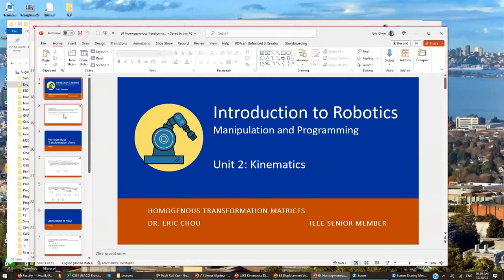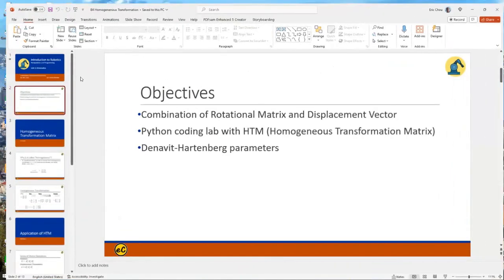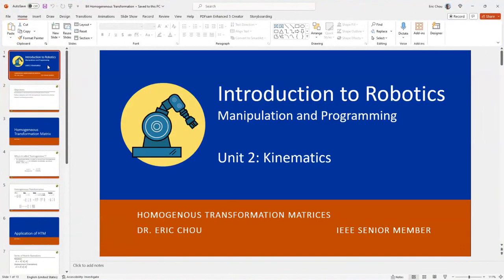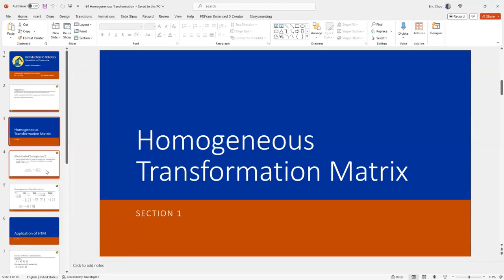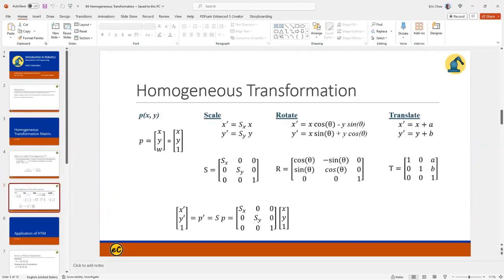So this homogeneous transformation is using a mathematical technique to combine both the rotational matrix and the additional translation. Let's look at this one. We have an original XY location, that's 2D.